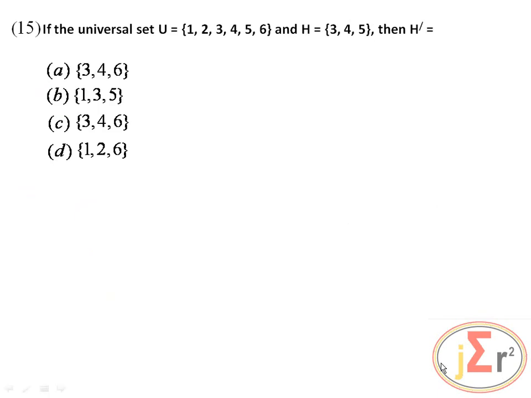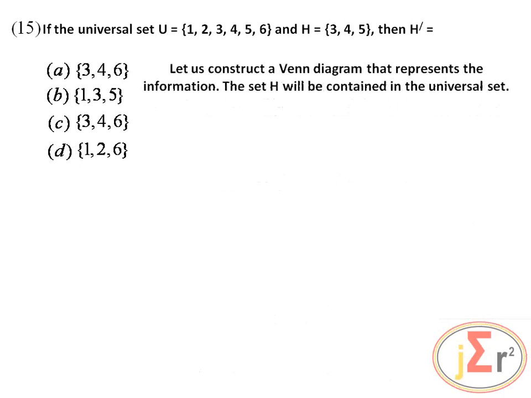If the universal set U is equal to the set of 1, 2, 3, 4, 5, 6, and the set H is equal to the set 3, 4, 5, then H complement is equal to, we need to determine the set H complement. Let us construct a Venn diagram that represents the information.